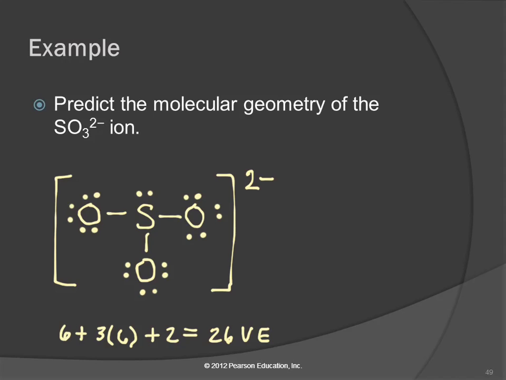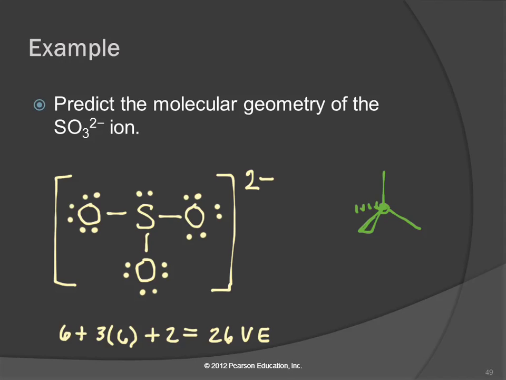We're predicting the molecular geometry. How many groups of electrons? 4. Okay, so I'm going to draw a tetrahedron. So there's 1, 2, 3, 4.